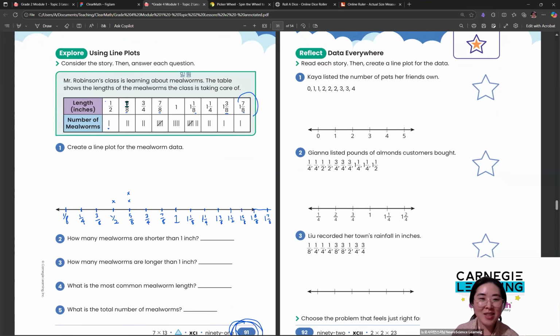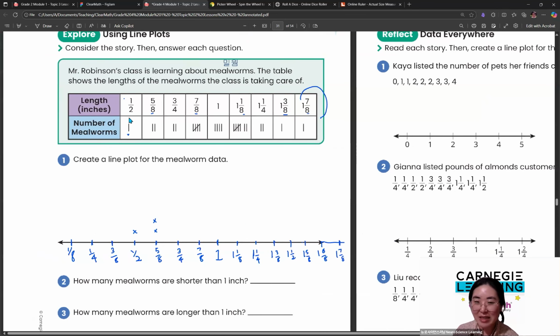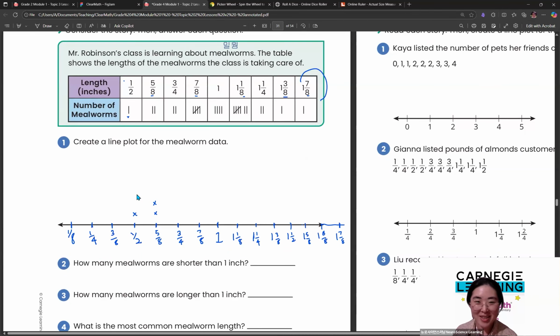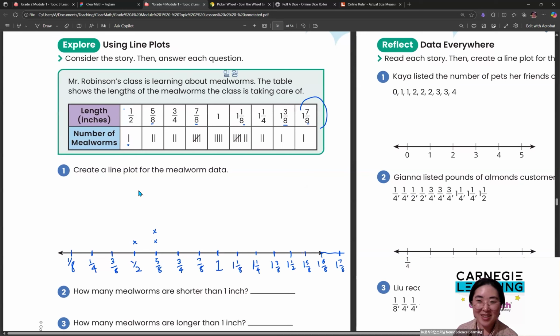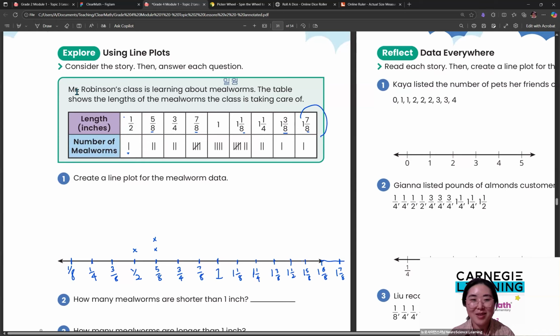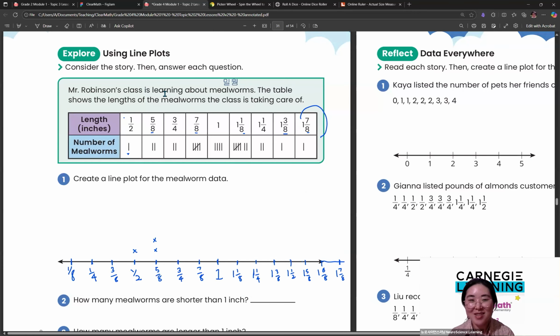And now let's look at this line plot. Have you ever done line plots at school? What is line plot? It's a type of graph. I'm going to show you what it looks like. So look at this question. Mr. Robinson's class is learning about mealworms. Mealworms are just a type of worm, and they're very small. And the table shows the lengths of the mealworms the class is taking care of.